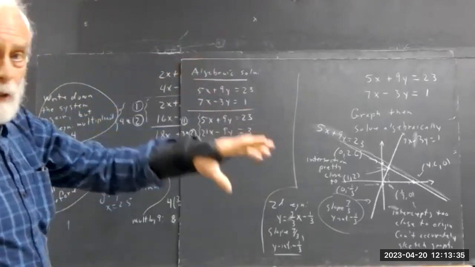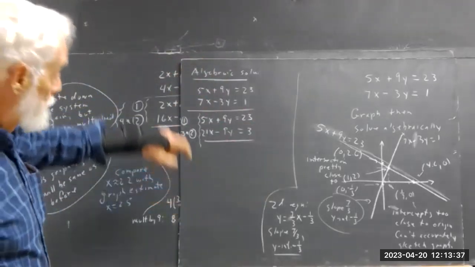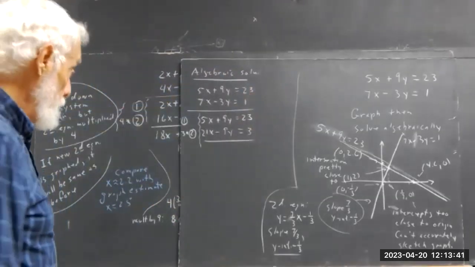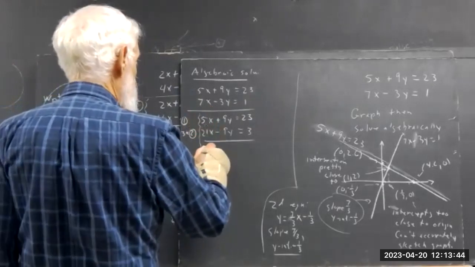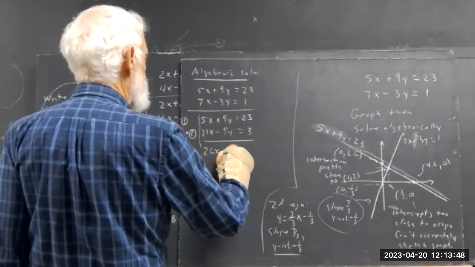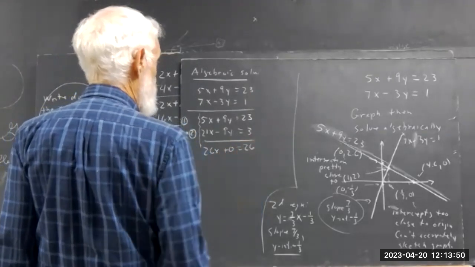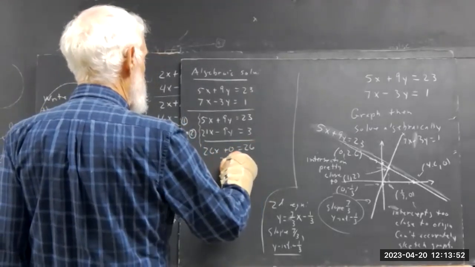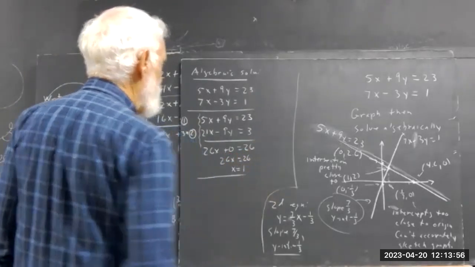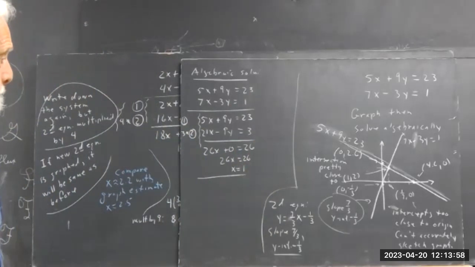Meaning we distribute the multiplication by 3 here, and we just multiply 1 by 3 here. We add these, we get 26x plus 0 equals 26. So that 26x equals 26. And we conclude that x equals 1.